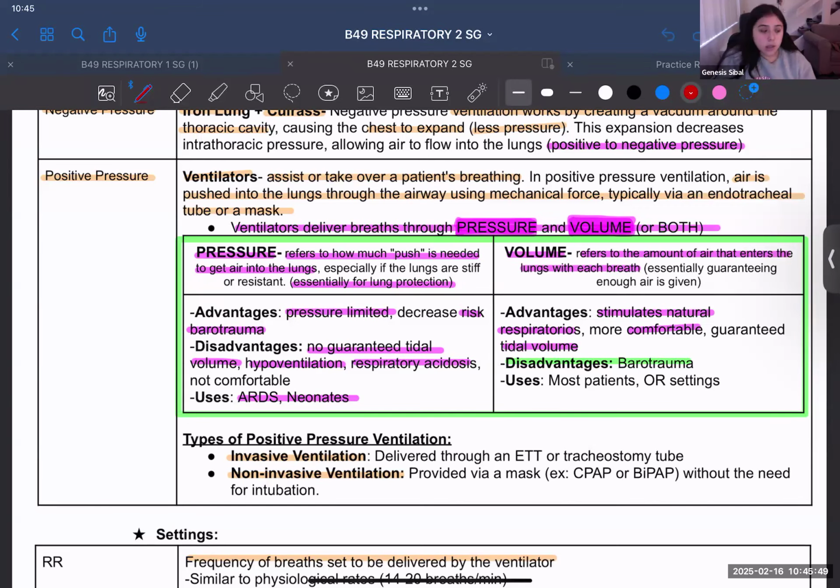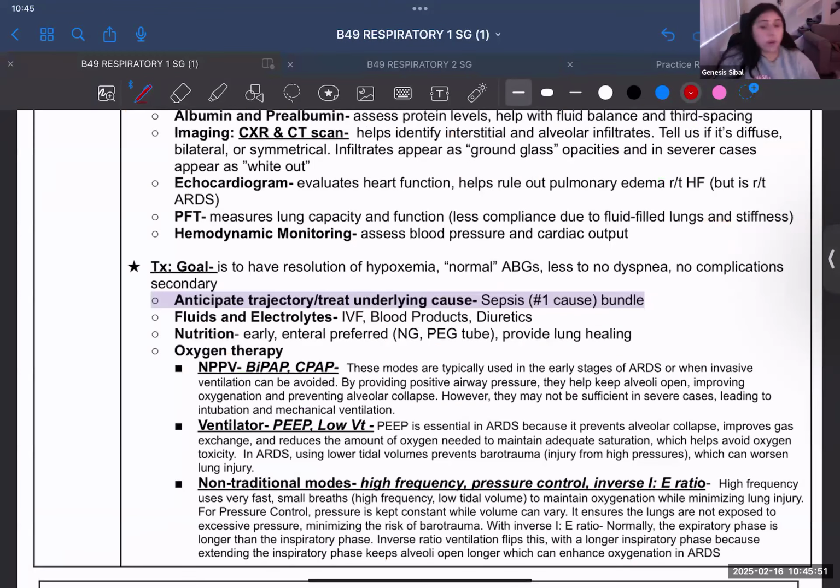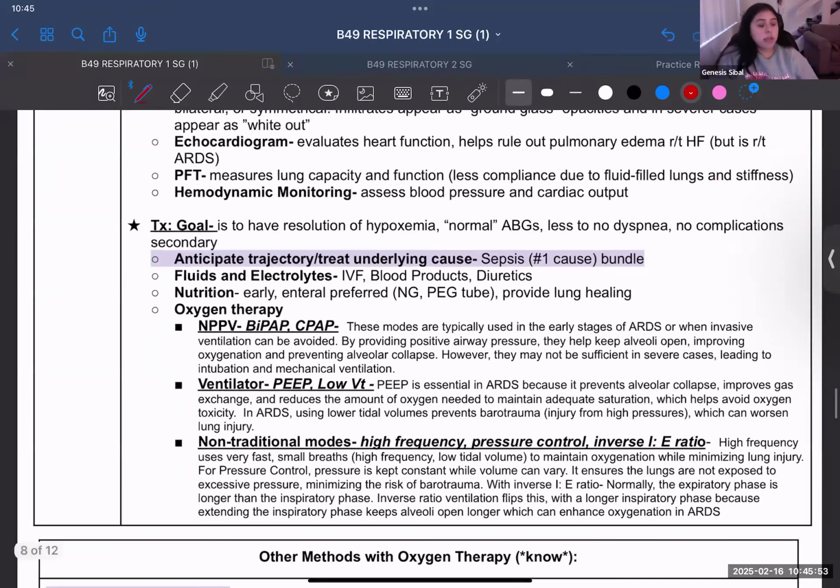For an ARDS patient, it wouldn't really make sense to change that, even though their CO2, and we'll talk about it, may be high. In the vent settings, you should be changing the respiratory rate and the tidal volume. You can change the respiratory rate, because that's a little bit different.